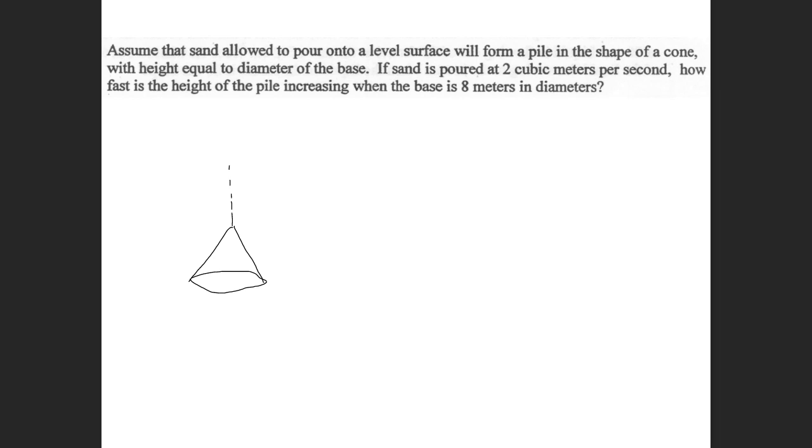So we know the height is equal to 2r, correct? Because diameter is 2 times radius. So the height is equal to 2 times the radius at all times. It's very, very important because now I can rewrite, and then I continue on.